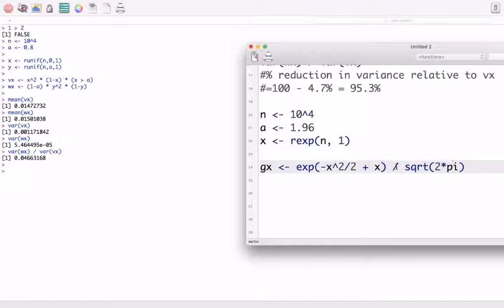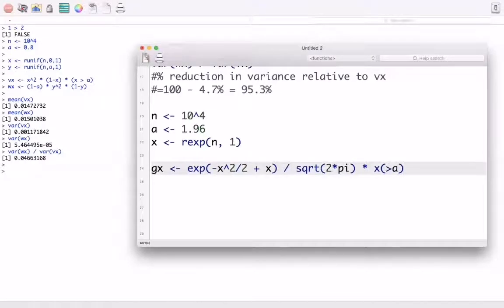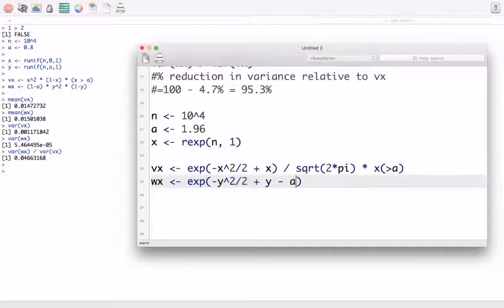Okay, and then you have the indicator function, right? Times x has to be larger than your a. Okay, and then let's say I call again, this is let's say vx. This is wx. Exponential minus y squared over 2 plus y minus a. Where my y is rexp(n, 1) plus a, right?